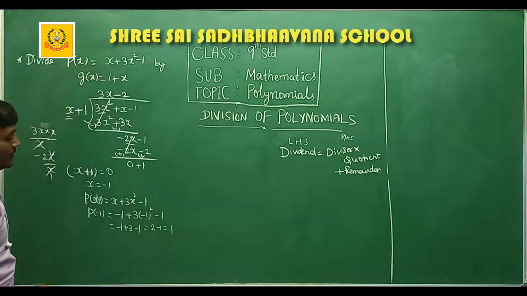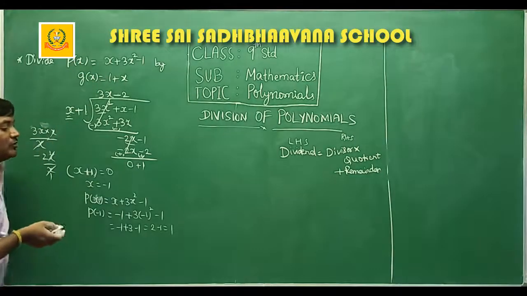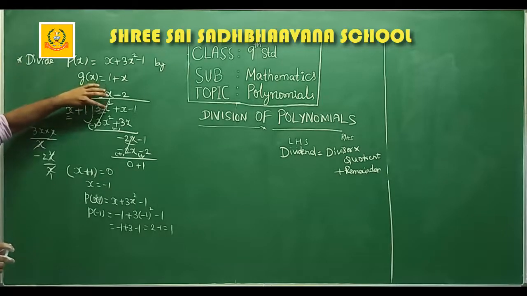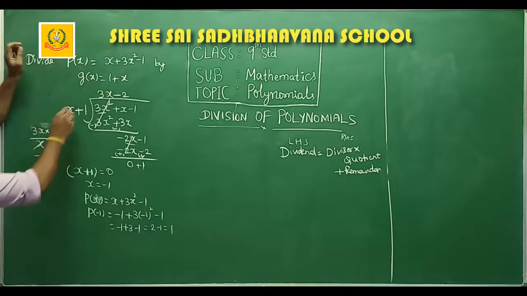Okay, understood? And one more thing you should remember, the degree of g of x and p of x. Whenever you are dividing two polynomials, first you have to check the degree of g of x and p of x. In this case, degree of p of x is 2 and g of x is 1.